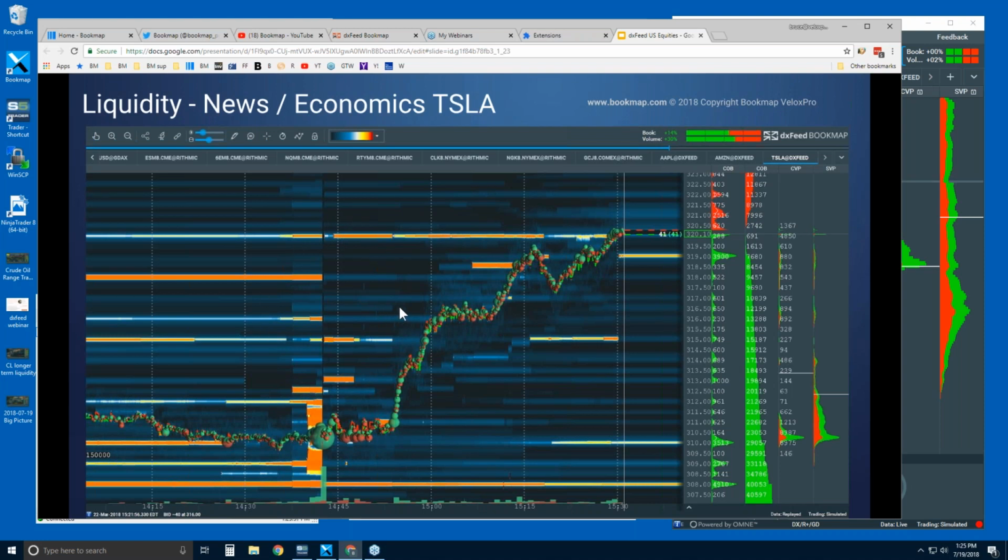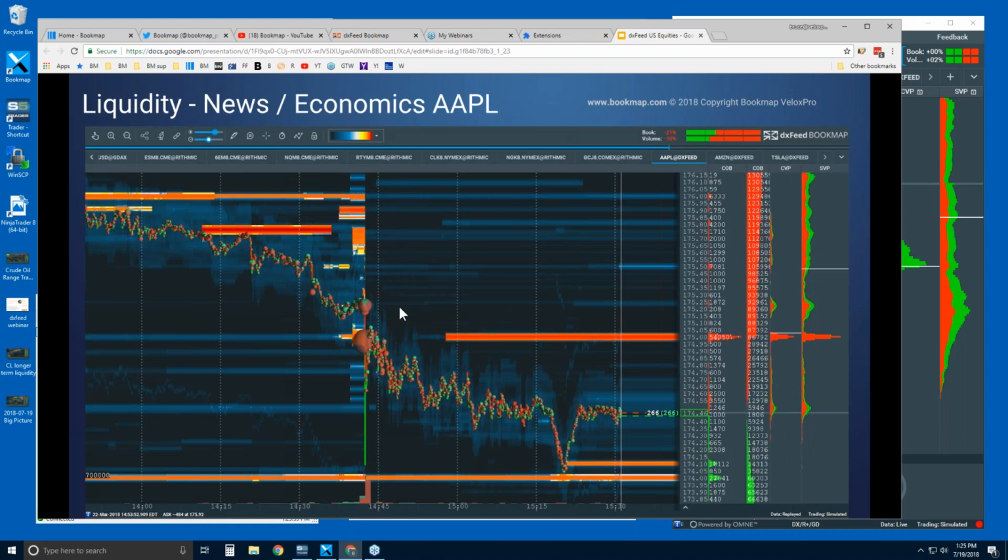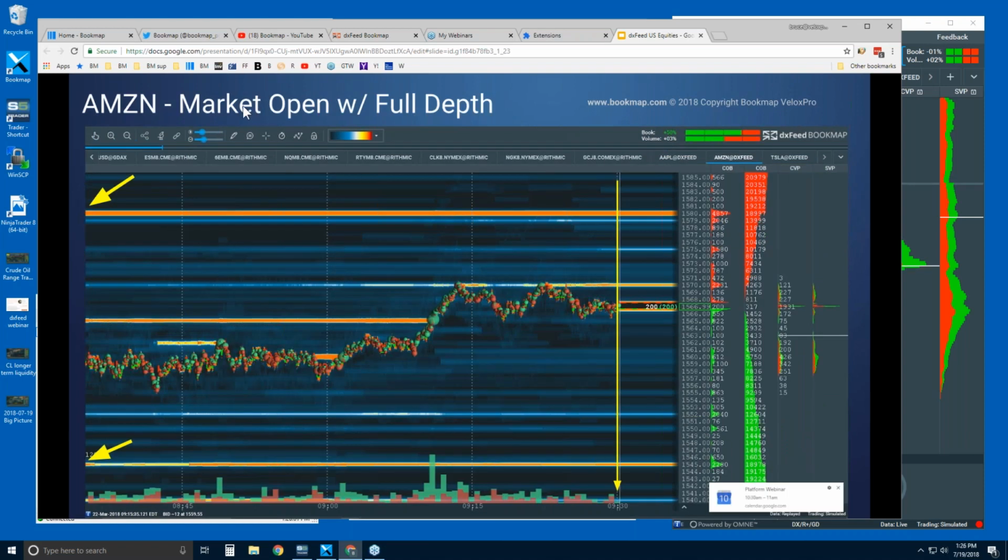This is very similar to the open. Here's our 9:30 open right here. This is all pre-market data. We can see where they already are in Amazon. They're up here at 1580, providing high liquidity. We can also see in pre-market pretty bullish action.